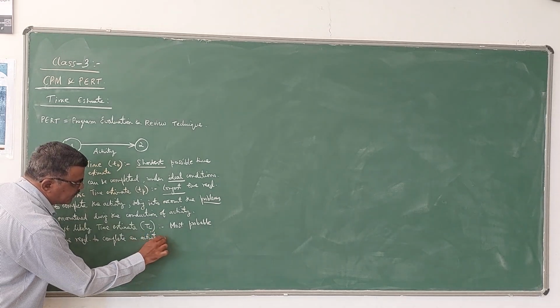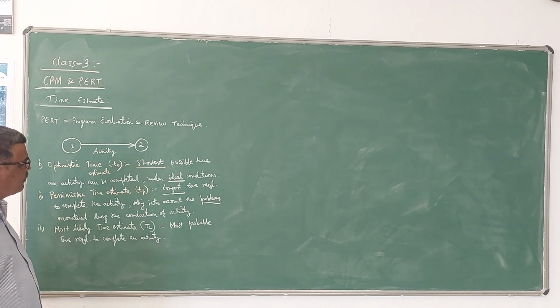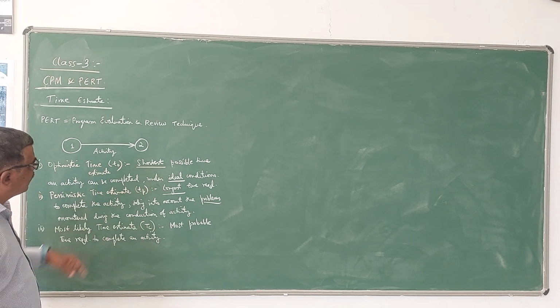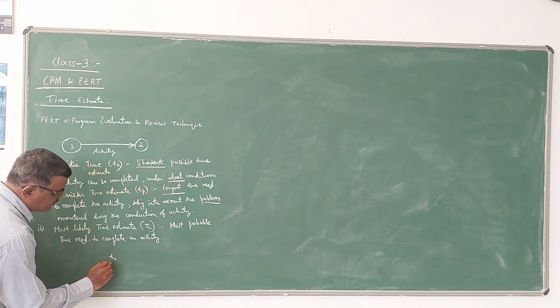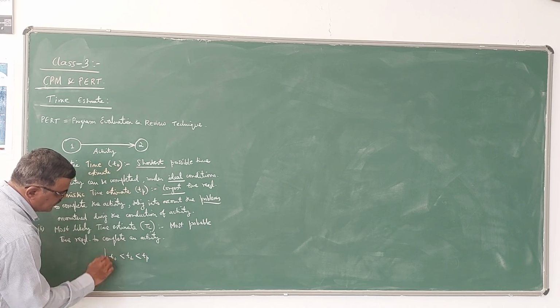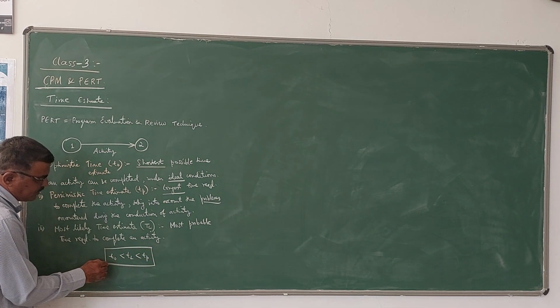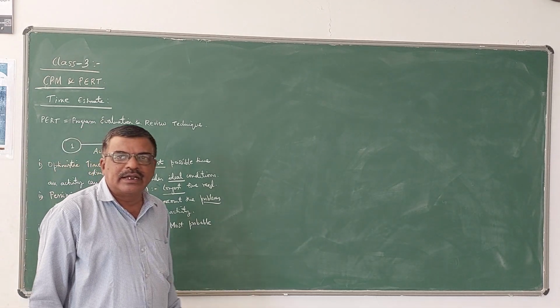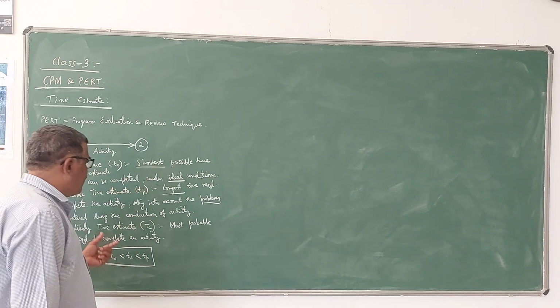Naturally this TL value will be in between TO and TP. That means TO is less than TL, which is less than TP. TO is the minimum time, TP is the maximum time, and TL is in between.